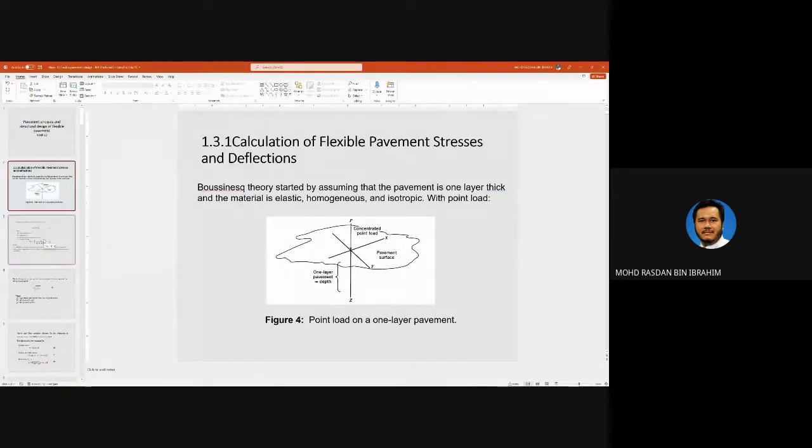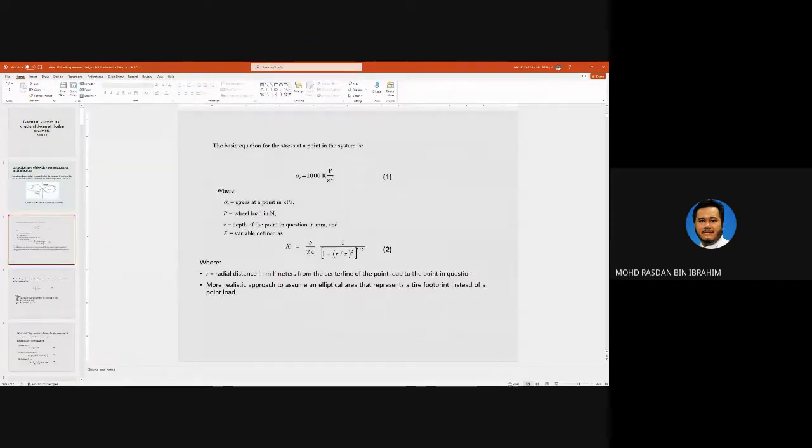So Boussinesq introduced this formula to estimate the value of stress using the wheel load and also the depth. He used the variable K, which explains the depth and the radius of the point of interest.